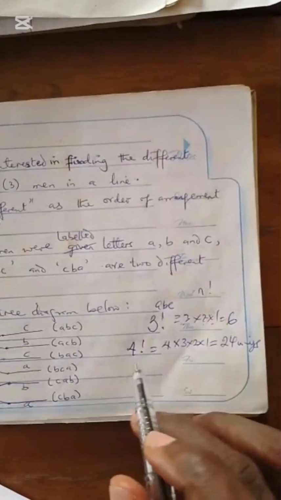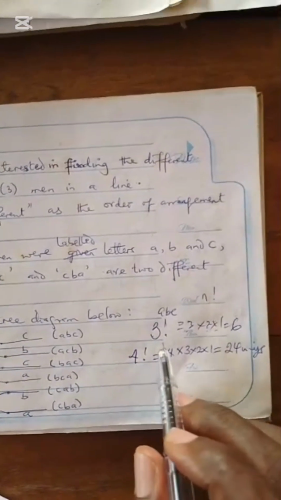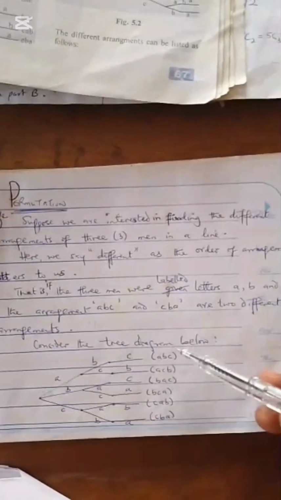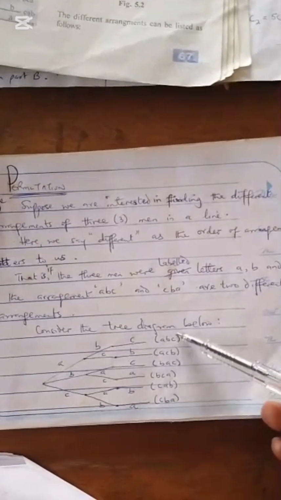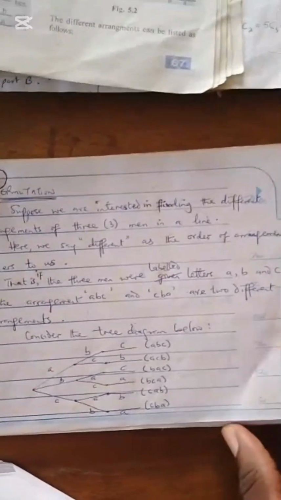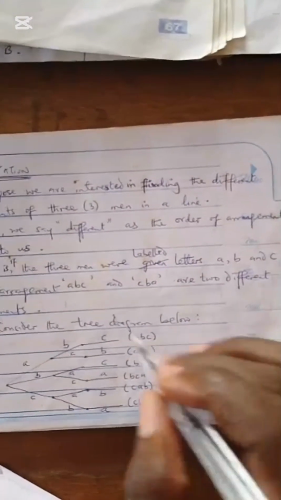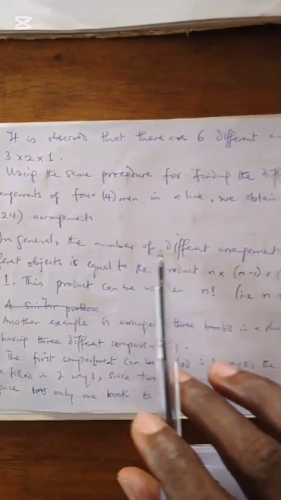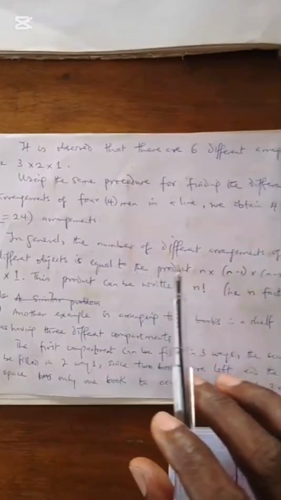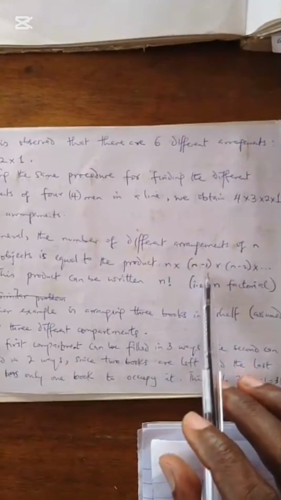So that's what I mean by this, 4 factorial, 3 factorial. Arranging the 3 letters A, B, C, you see that there are 6 different ways these letters can be arranged. In general, the number of different arrangements of n different objects is equal to the product n times n minus 1 times n minus 2 down to 1.